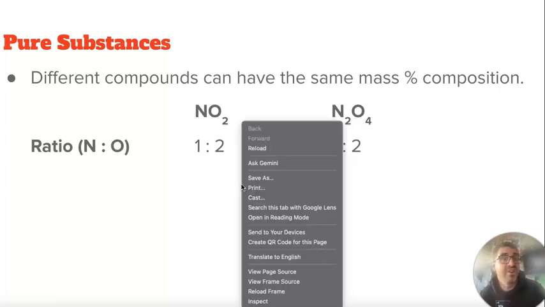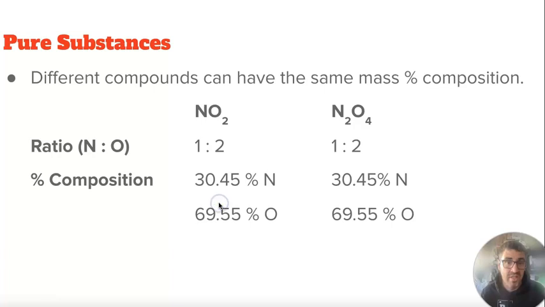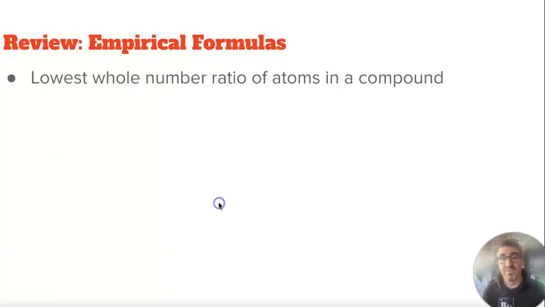Which means if we figured out the mass percent composition, they would each have roughly 30% nitrogen and 70% oxygen. Okay? Now, if we combine these two in a beaker and you measure the mass percent, you would never know that you would have two different compounds in them because they have the same mass percent composition. So we would need to know some additional information in order to differentiate or know that that is not a pure substance.